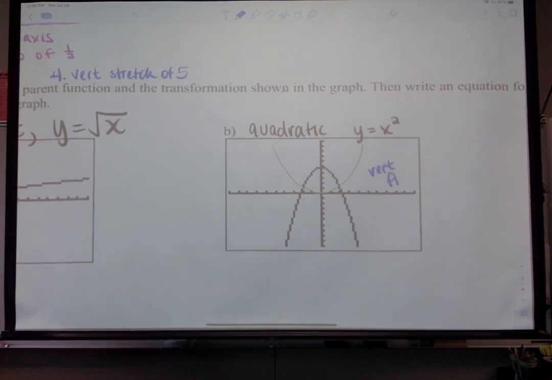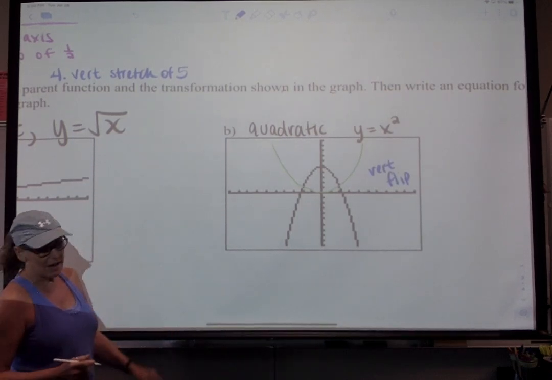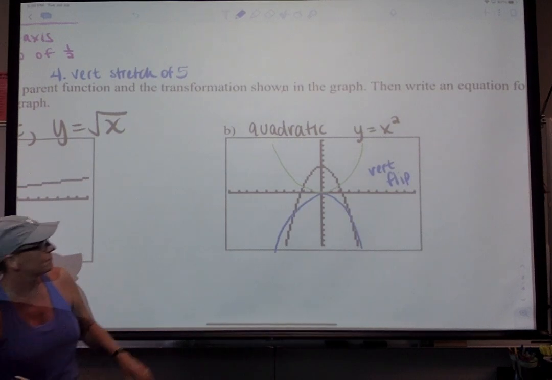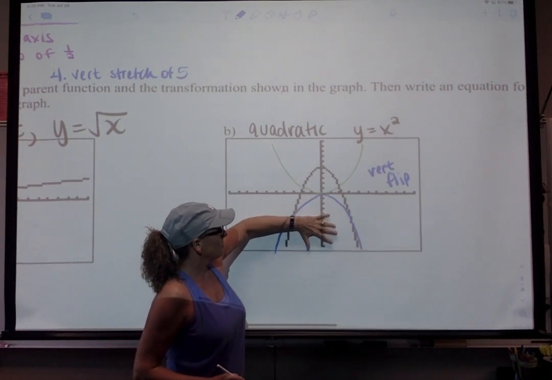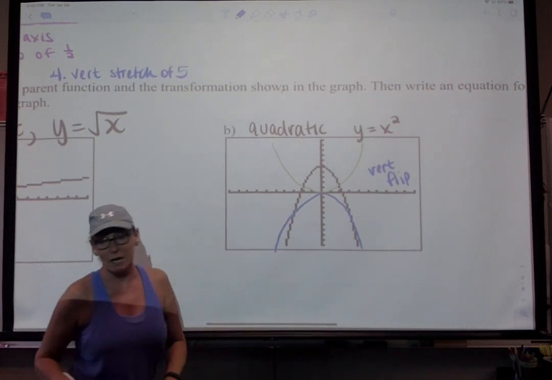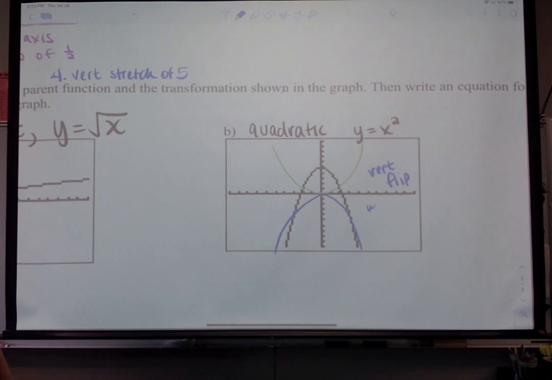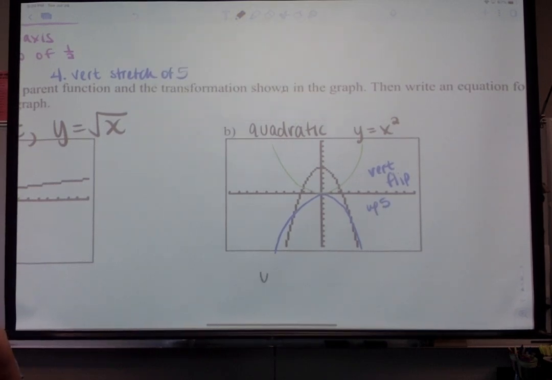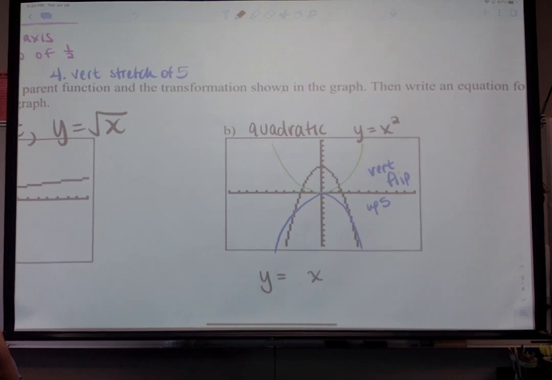Vertical flip. And that would have made it look like this, right? But then I think it also went up 5. So I think my new equation would be y equals, no pink, so vertical flip, up 5.